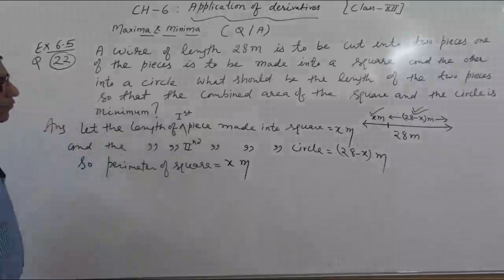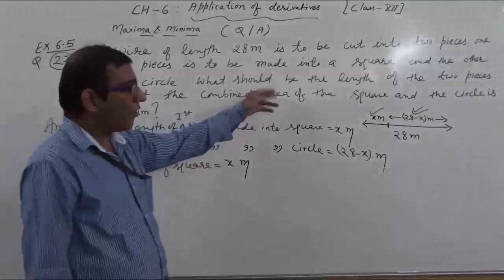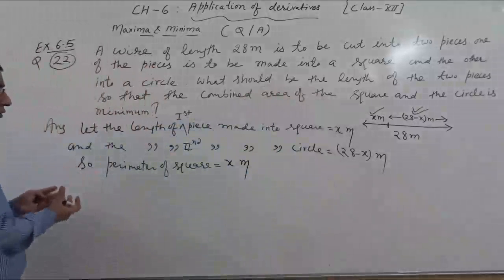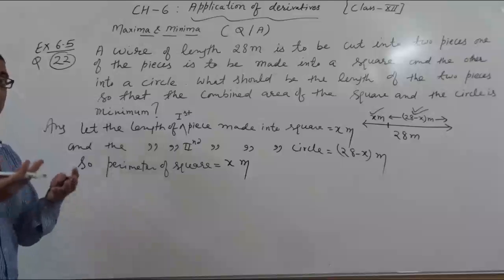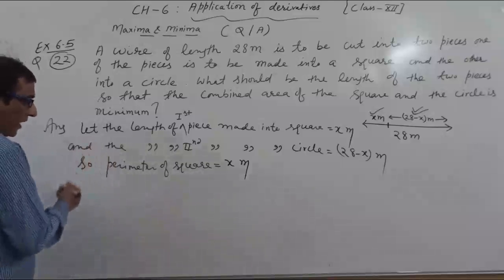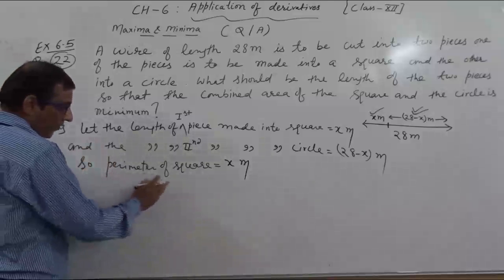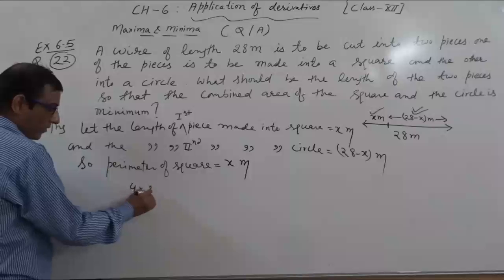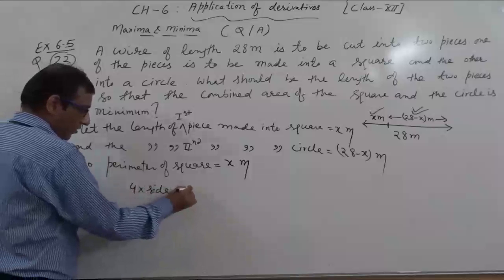So basically we have to calculate the combined area of square and circle. It means we have to calculate the area of square, and for the area of square we want side into side, right? Area of square is side into side. So how can we calculate the side? If the perimeter of square is x, what is the perimeter of square? 4 into side, equals x.